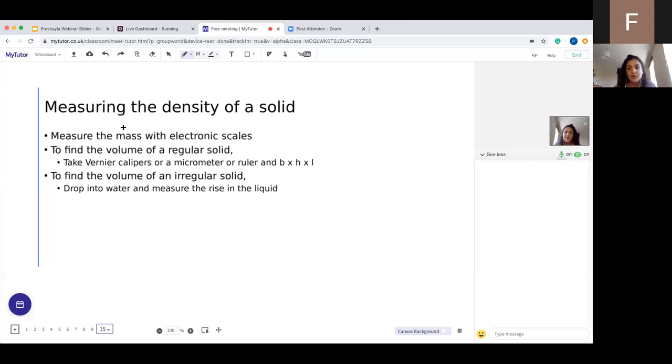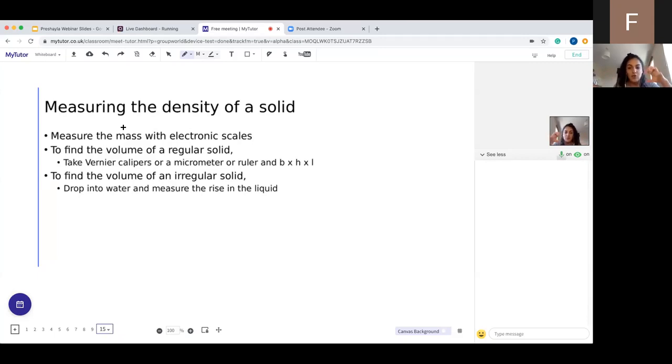It has a few deformities. Then we need to drop it into water. So we're going to have a beaker of water or some sort of container of water that will hold the object that we're dropping in.